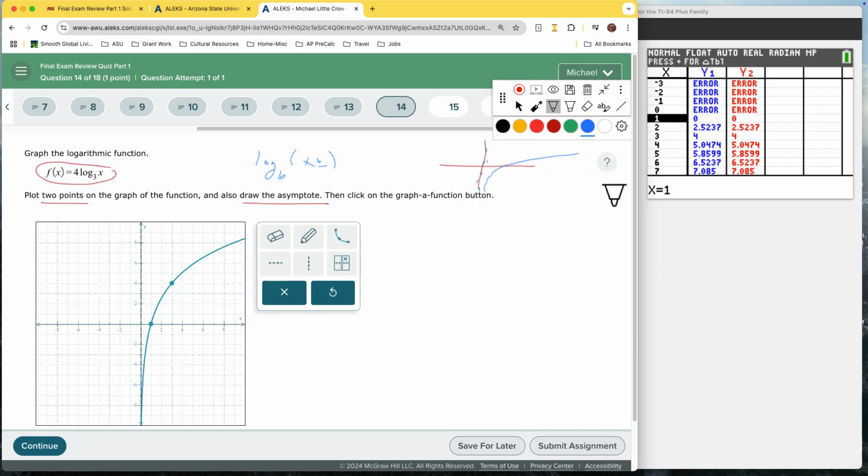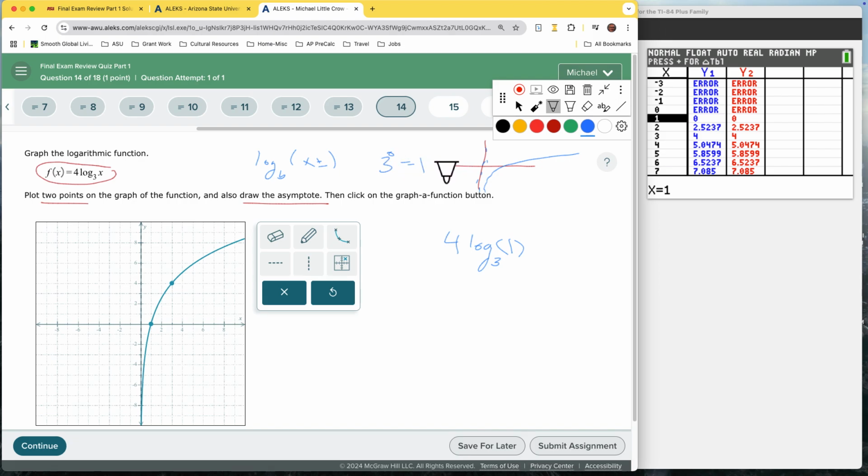How do you do it without a graphing calculator? Well, you should have one, first of all. Alex is not going to give it to you. But for the ones that you're going to have to remember, the base is important. For any logarithm, the log of 1, when you plug that in, becomes 0. What that comes from is, remember, these are inverse functions. So 3 to the 0 will be equal to 1.